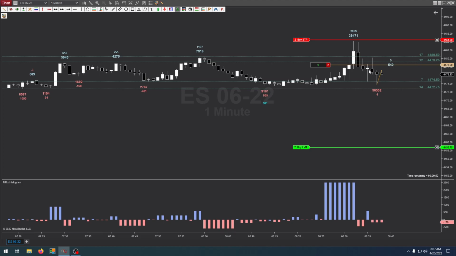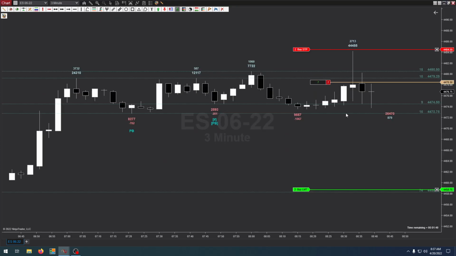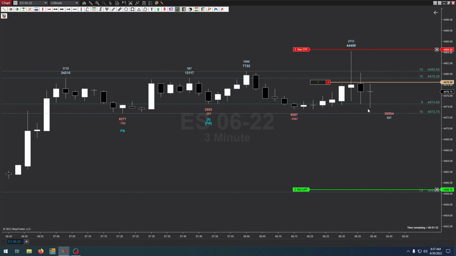Now we need to confirm a swing high on the 1 minute. We really need to close below this level right here. This is a large positive volume delta on the current swing short, which has been confirmed.